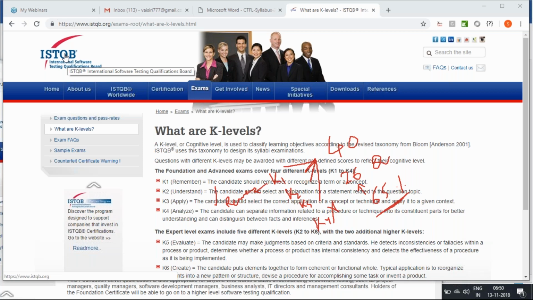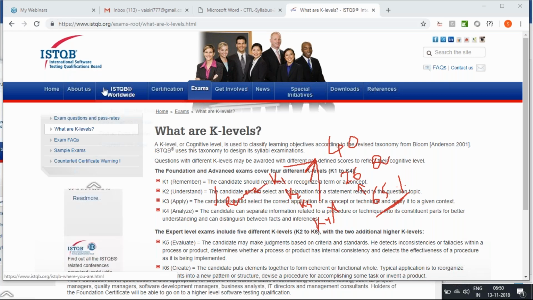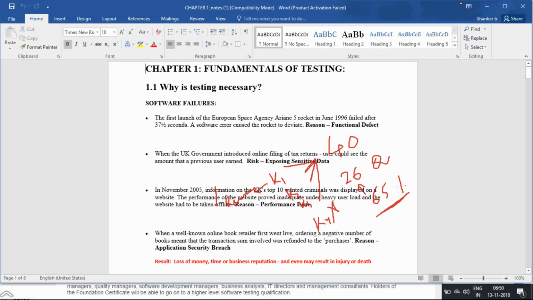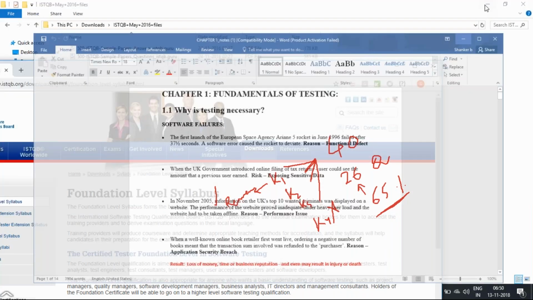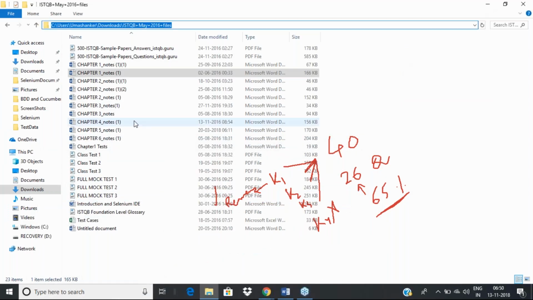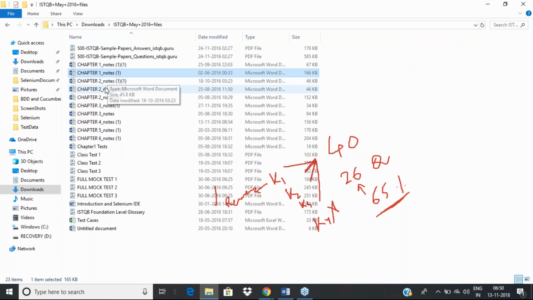Yes, we have complete model papers. At the end of every chapter, I'll just show you. So these are the files that I have. I have notes for every chapter, 1, 2, 3, 4, 5.